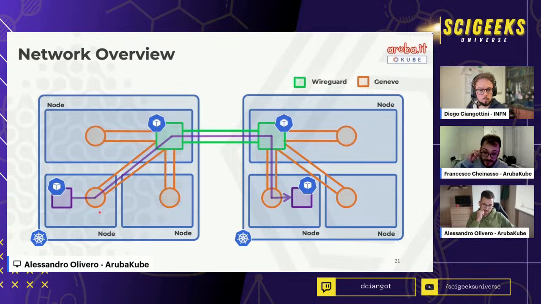Then another detail about our network: if you need to use encryption, for example, it's enough to enable encryption inside the CNI, because our tunneled traffic goes inside the CNI, and we don't have a limitation about pod CIDRs. So, for example, the two clusters can have the same pod CIDR.